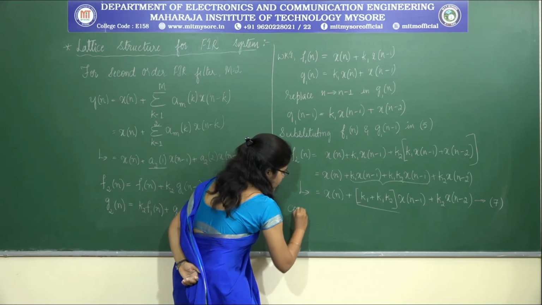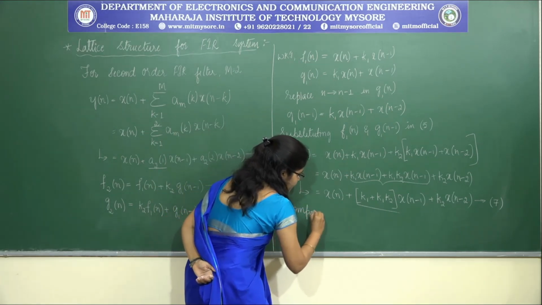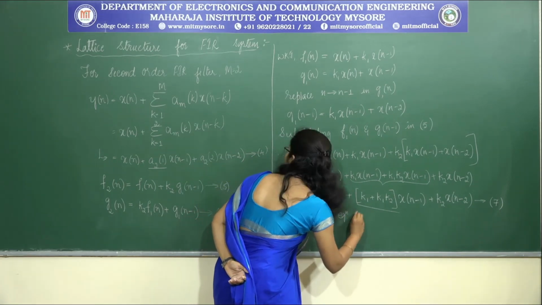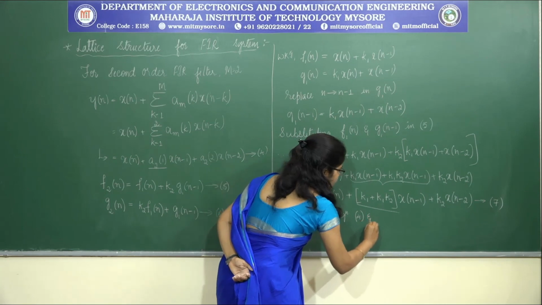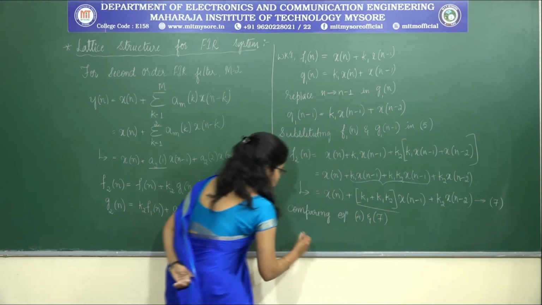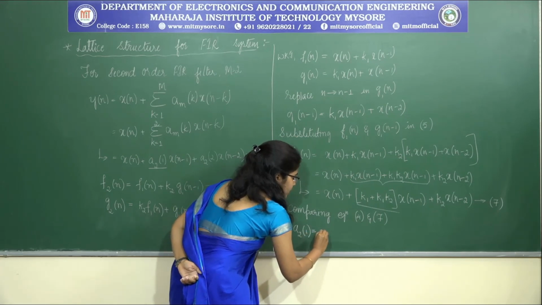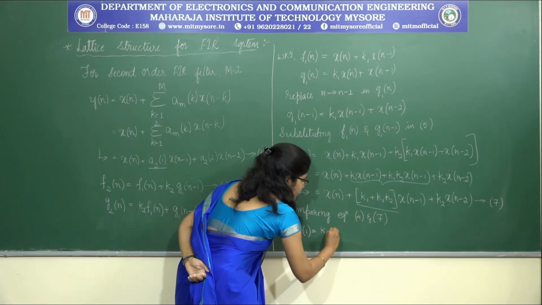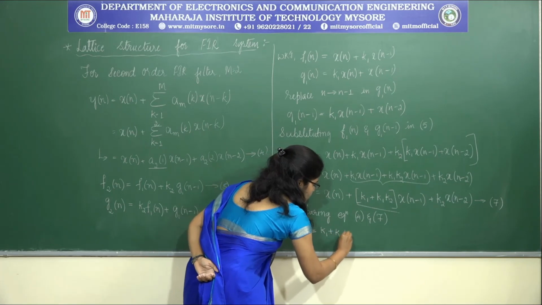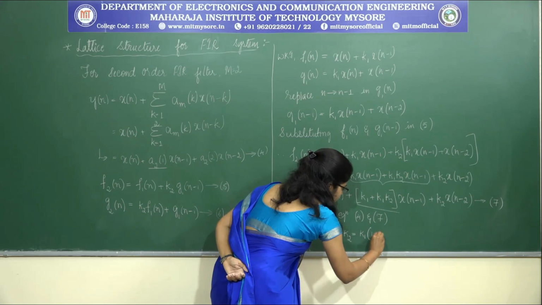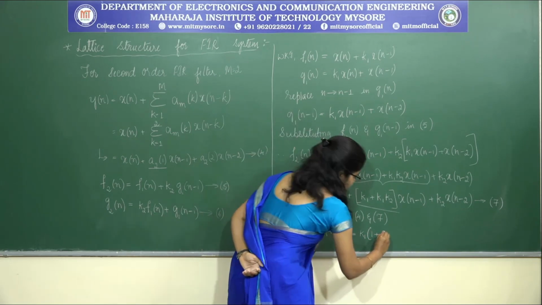Therefore, comparing equation 4 and 7, the expression for a2 of 1 will be equal to k1 plus k1 into k2, or I can write this as k1 into 1 plus k2.